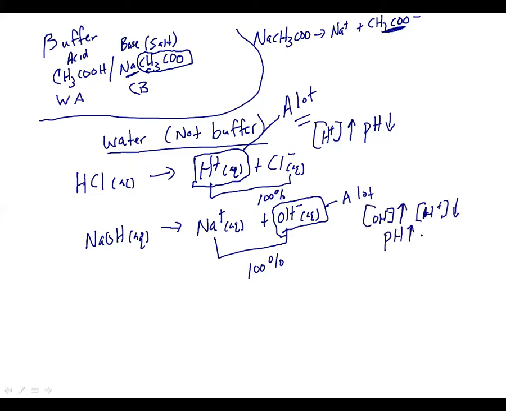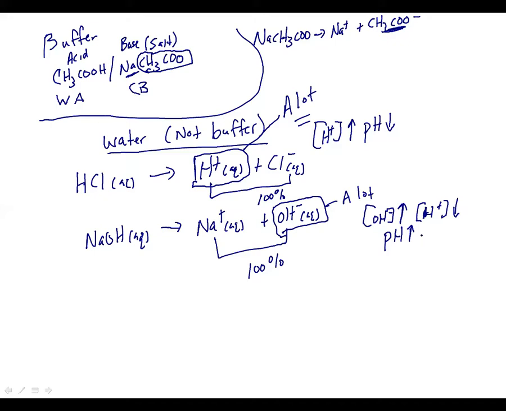So in this case, you would see a similar sort of thing occur. Say the pH of that water was 5 point something to begin with. You add some sodium hydroxide to it. Because you made a lot of free OH minus really quickly, the H plus concentration will go down and the pH would go up. Perhaps the pH goes from 5 to maybe a pH of 9 or 10, depending on how much you add.